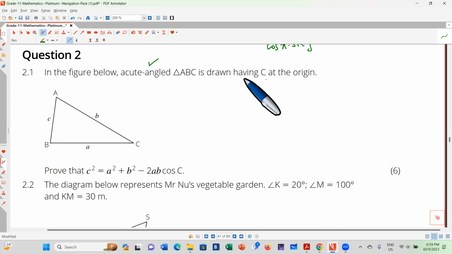And this is drawn having C at the origin. And we need to just prove this result here, and it's very, very straightforward.